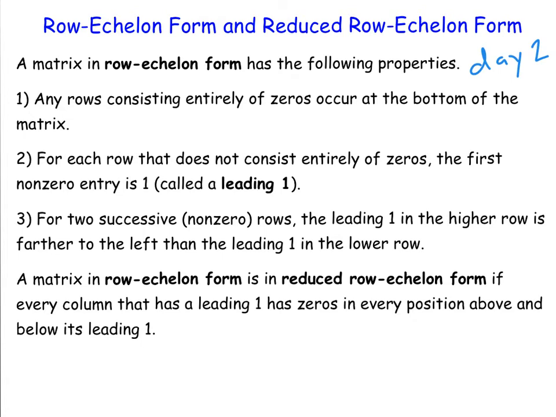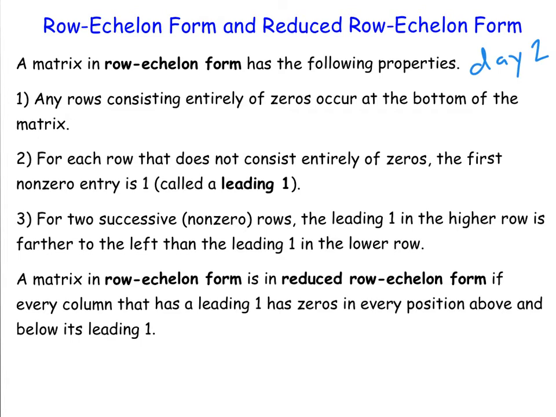And then for successive rows, assuming that they're not a row of all zeros, the leading one, as you go up, should be farther to the left. As you go down, it should be farther to the right. You should see kind of this diagonal of ones that starts from the top left and works its way down diagonally. Okay?